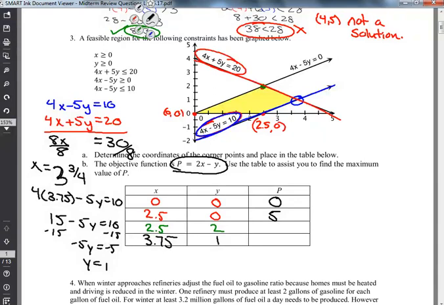So now (2.5, 2), 2.5 times 2 is 5, minus 2 is 3. And then for (3.75, 1), 2 times 3.75 is 6, and so on, I get 6.50. So to maximize my profit, I would want this one, which goes to that point.